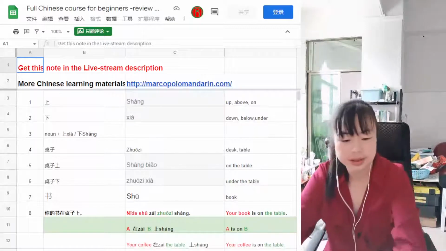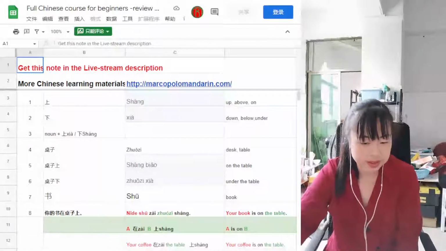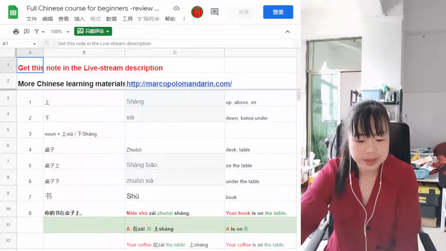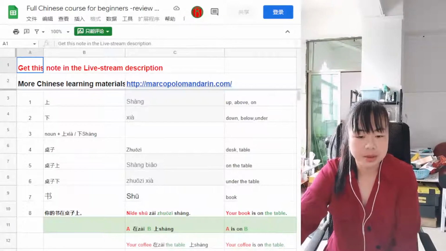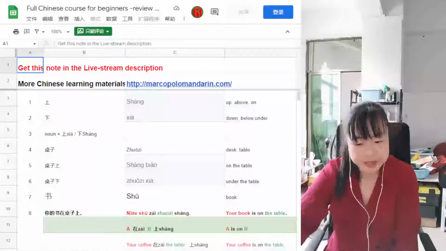Okay. So your cell phone 在 the table 下. That's the correct order. Now let's move to step three.